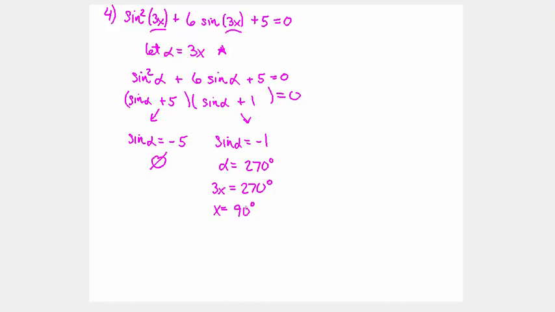But then here's where there's another snag when your input is not just a simple x, like the 3x in this case. The substitution made things look a little prettier for solving it, at least by factoring, and then we put the alpha back to be 3x, but it actually changes something.